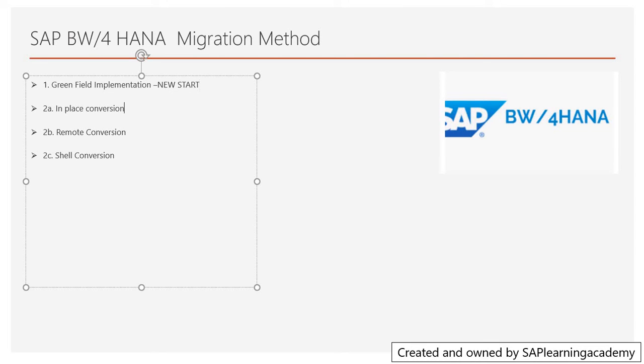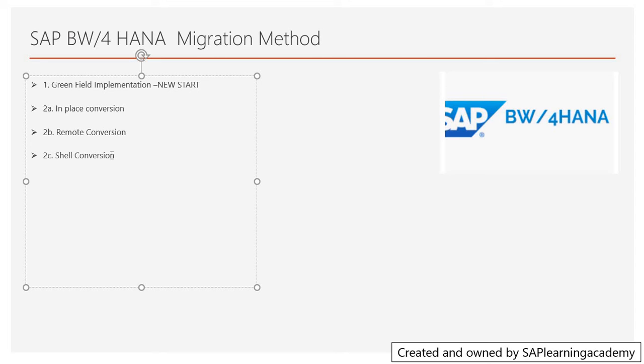And suppose you have an existing system, whether it's SAP 7.4 or 7.5 or even earlier versions, and you are going to migrate to BW4HANA. Then there are three different methods available. One is in-place conversion, second is remote conversion, and third is shell conversion.